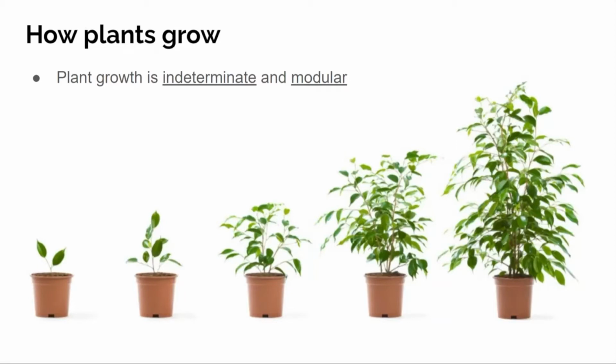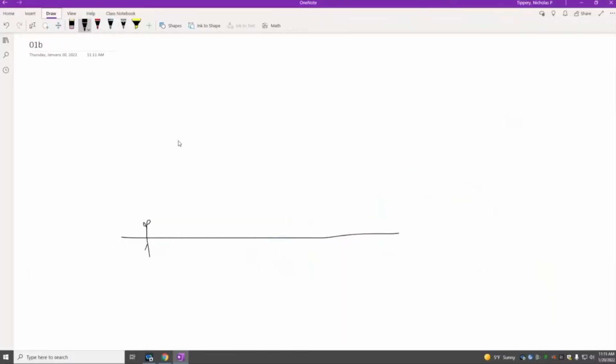And then modular gets a little bit at what Jackie was saying. Plants growing by adding modules. Hoping to get a better way to draw in the future. So one example of a module is a leaf.